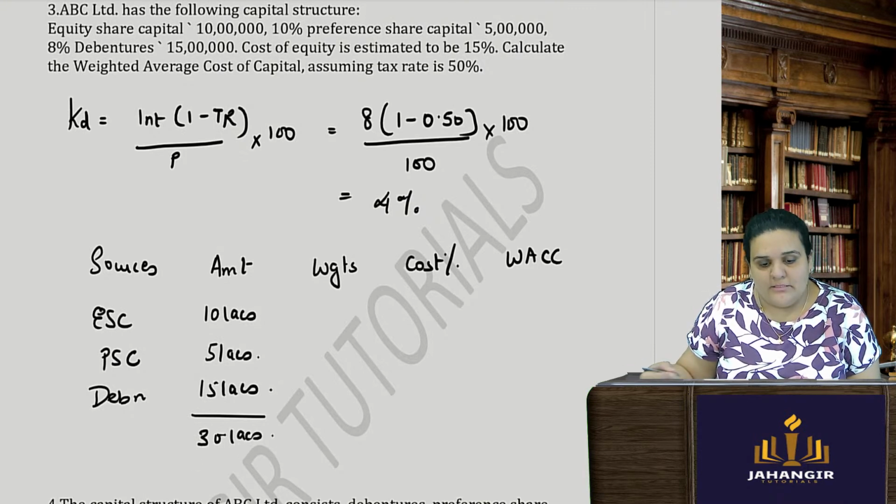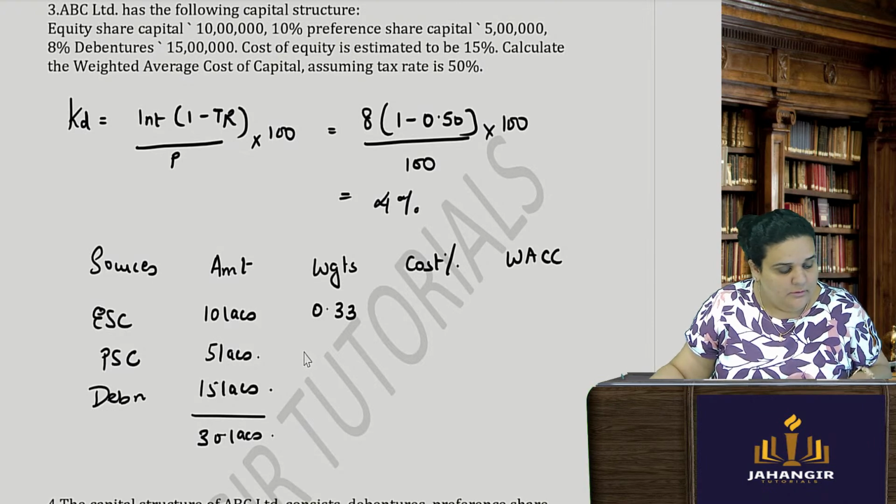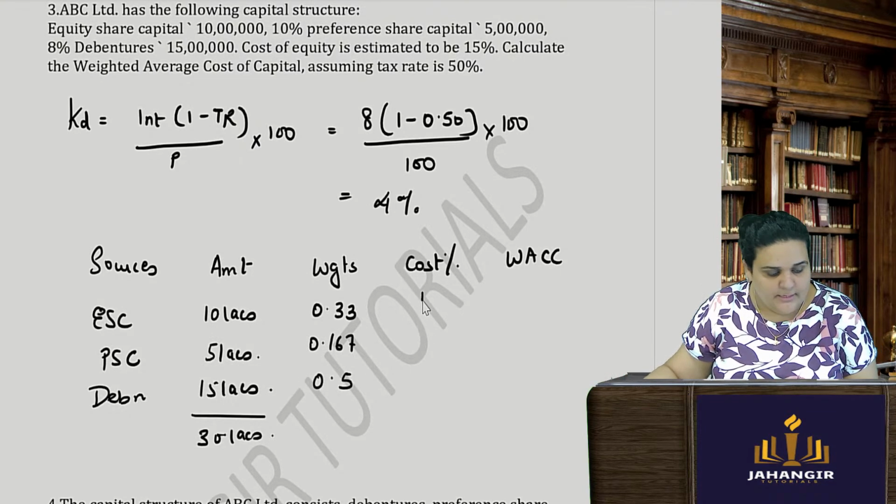I have to assign weights. So 10 divided by 30, 0.33; 5 divided by 30, 0.167 you will get; 15 divided by 30, 0.5. Cost for equity already given, 15%. For preference share it is 10%, and for debentures I just found it is 4%.